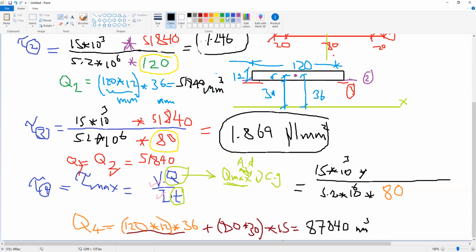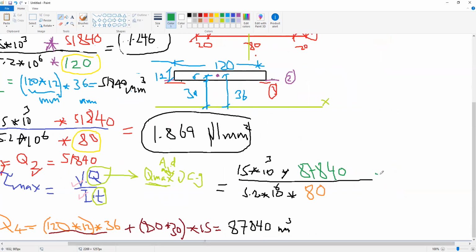If we put this value here, we can find that tau max, or tau 4, will be 3.16 Newton per millimeter square.